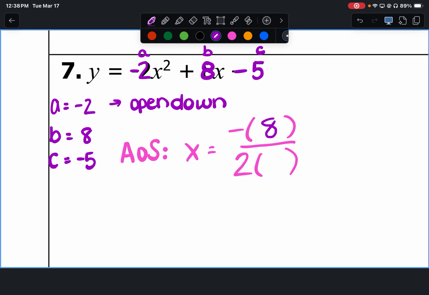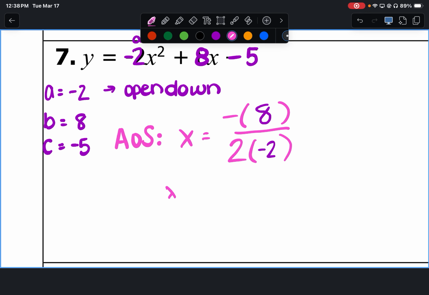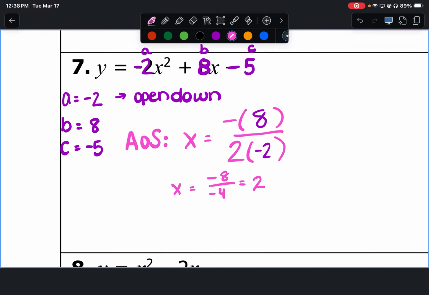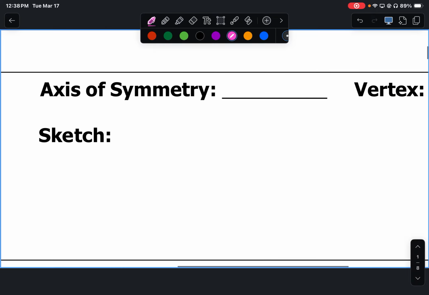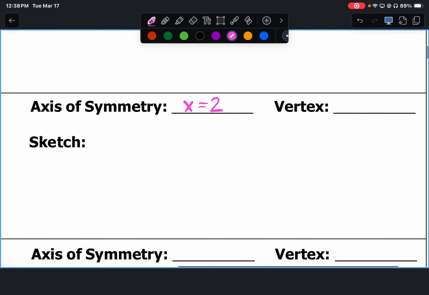What is my a value I need to plug in? -2. So once I do that, what is our numerator going to be? -8. Over, what's our denominator? -4. And what is -8 divided by -4? 2. So our axis of symmetry is x equals 2. I'm going to put x equals 2 for axis of symmetry and make the x coordinate of my vertex 2.